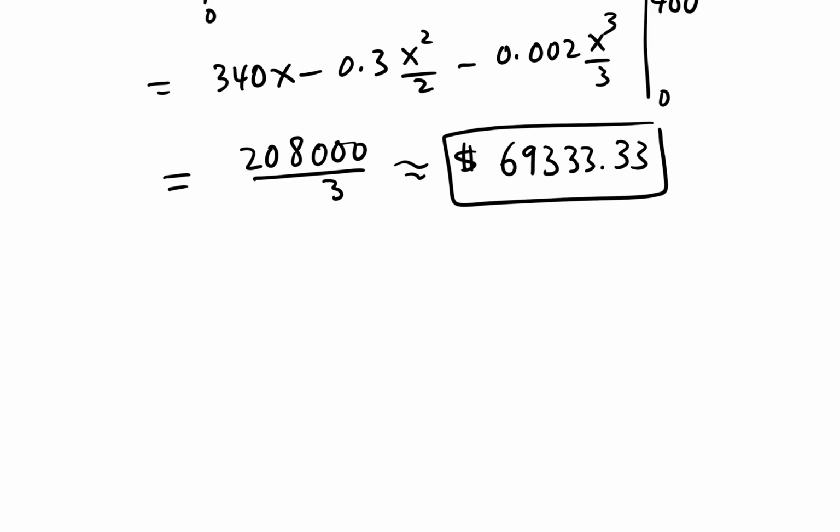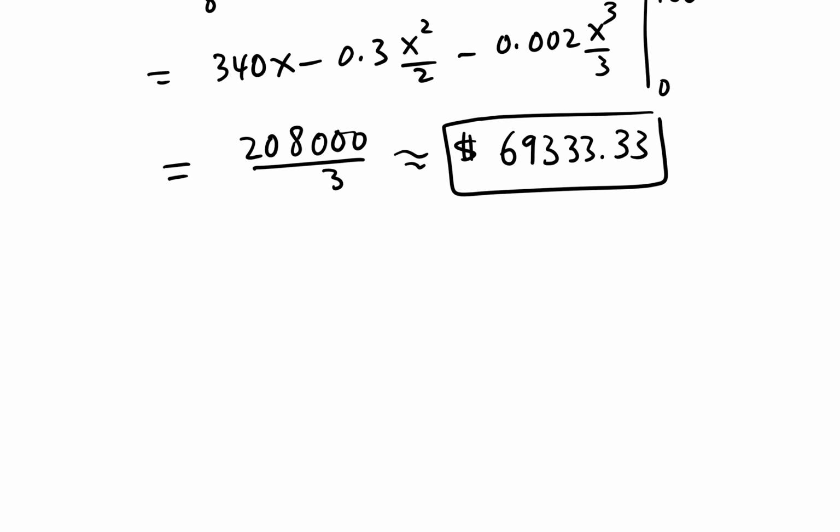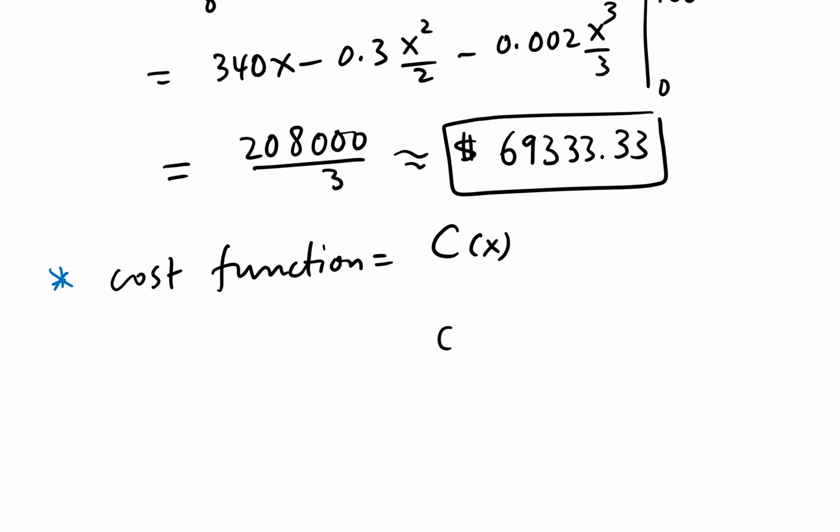Another example. Again, we use this a lot in business calculus. So we have what we call the cost function, the cost function C of X. If I find the derivative of that, that will give me what we call the marginal cost function.